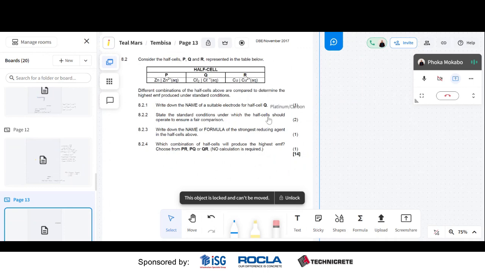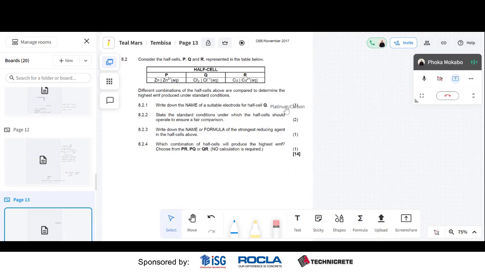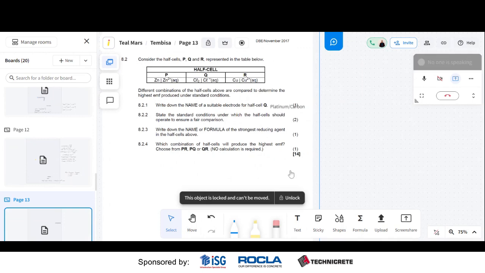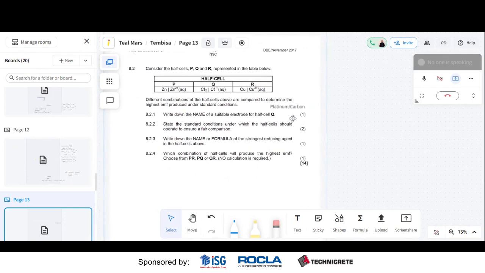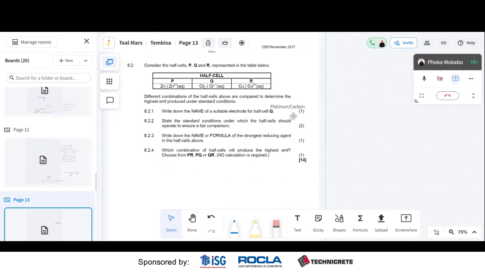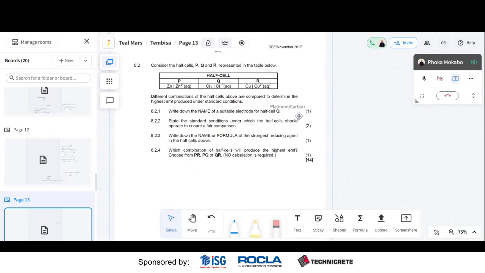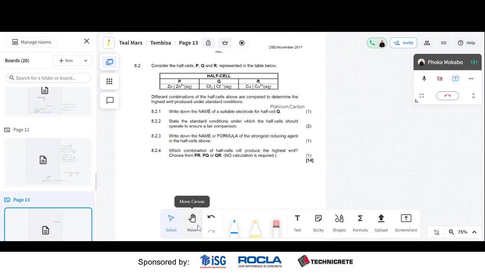Because chlorine exists as a gas, and so therefore, because of that, it can't really exist as an electrode in itself. Otherwise, the gas will all escape, and so it needs to be used in conjunction with an inert electrode in order to facilitate the reaction.